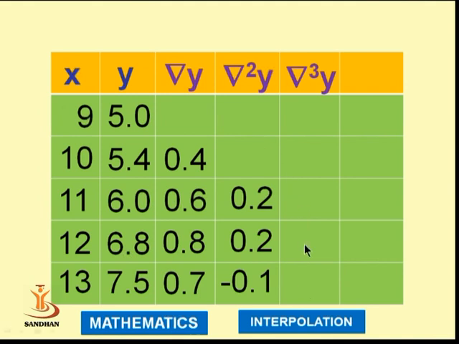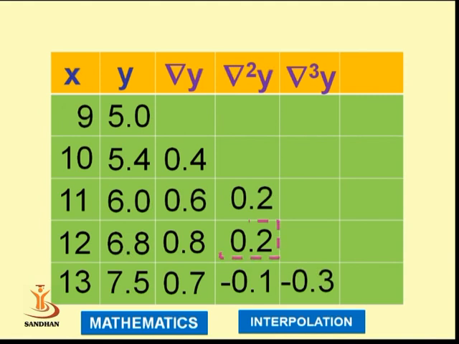The third order backward difference is computed as the difference of the second order backward difference. Let us start computing from the last point. Nabla 3 y5 is given by nabla 2 y5 minus nabla 2 y4, which is minus 0.1 minus 0.2, equal to minus 0.3. So nabla 3 y5 is equal to minus 0.3.